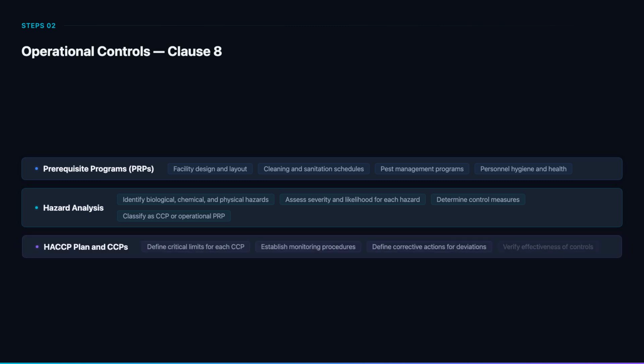The HACCP plan defines critical limits for each CCP, for example, minimum cooking temperatures or maximum pH levels. Establish monitoring procedures that detect when critical limits are breached, define corrective actions for deviations, and verify that controls are consistently effective. This is where food safety is actively managed in real time.